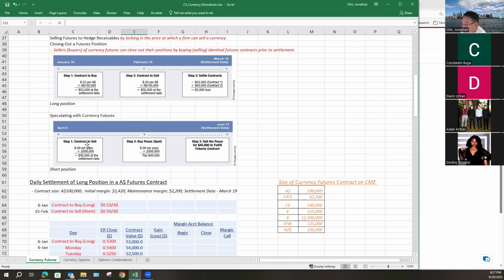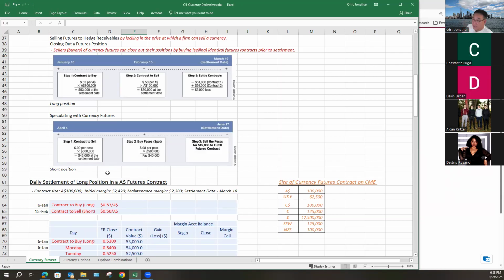All right. This is your short position. That means you're supposed to sell 500,000 pesos at 9 cents on settlement date, right?